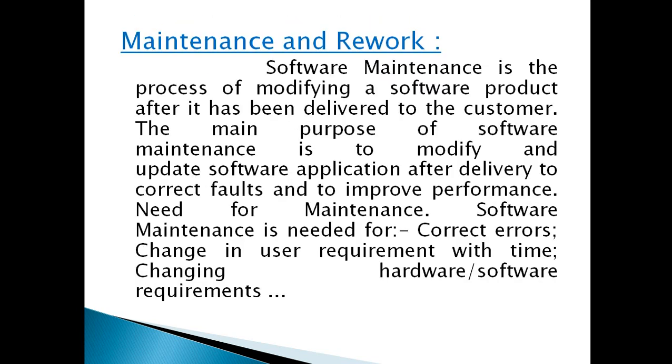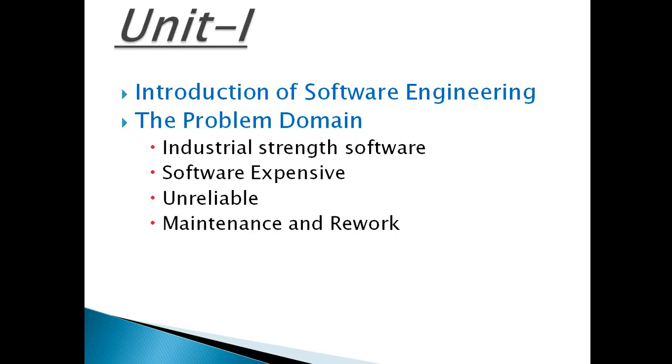The last one is unreliable. What is unreliable? Here we already said, during the development of the software, many problems arise. These problems can be classified into four categories. We finished three problems, and the last one is unreliable. The software may fail due to some mechanical and electrical problems that are not identified during the design or development of the software, so it leads to poor quality.